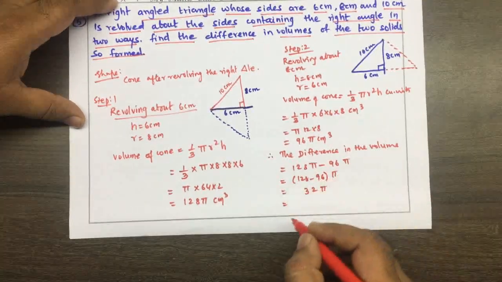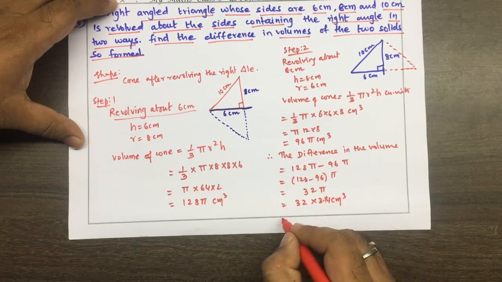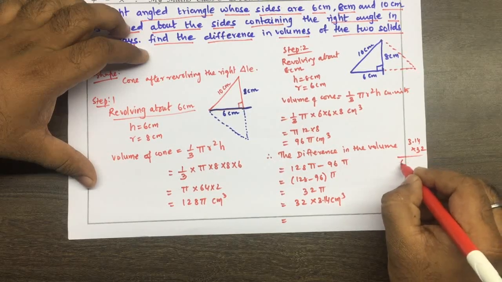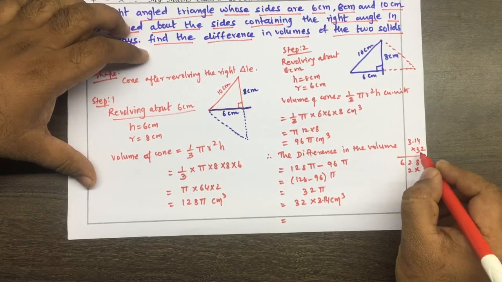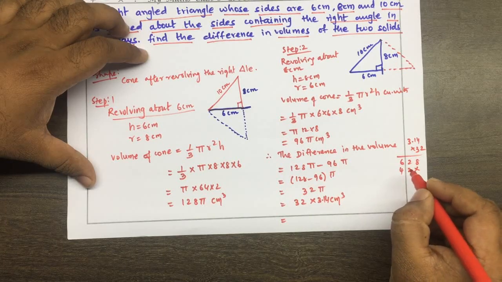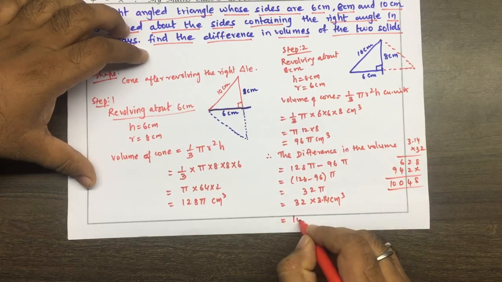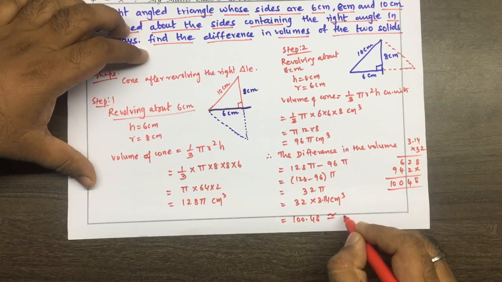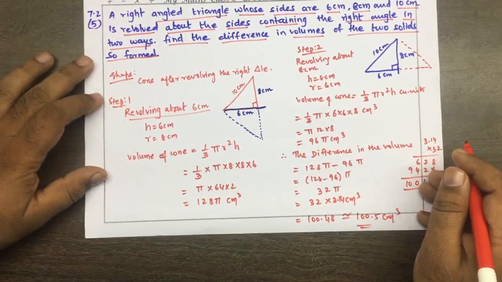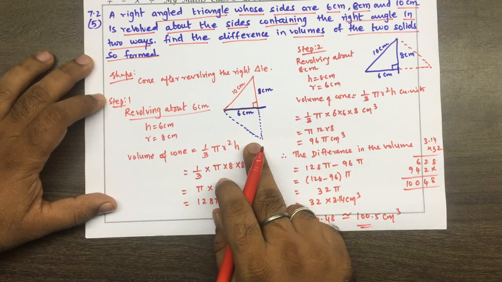Finally we have 32 into 3.14 centimeter cube, which is equal to 100.48, approximately equal to 100.5 centimeter cube is the difference in the volume when it is revolving about the sides containing the right angle.